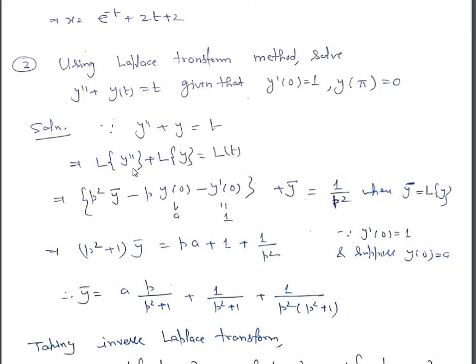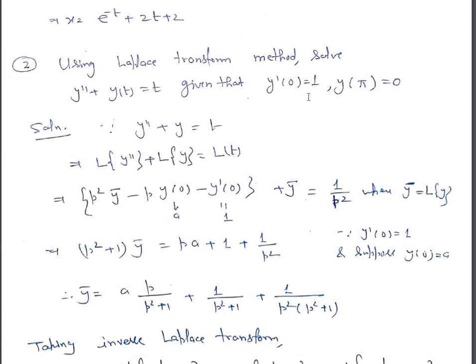So we have L of y double dash plus L of y is equal to L of t. Now L of y double dash is p square into y bar minus p into y at 0 minus y dash at 0. L of y is y bar and L of t is 1 upon p square.